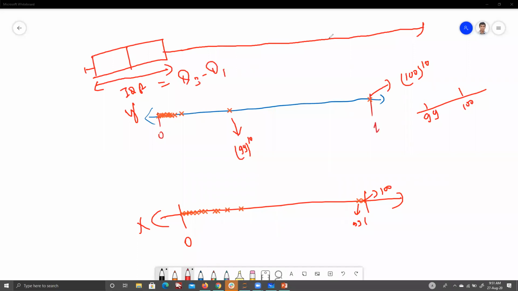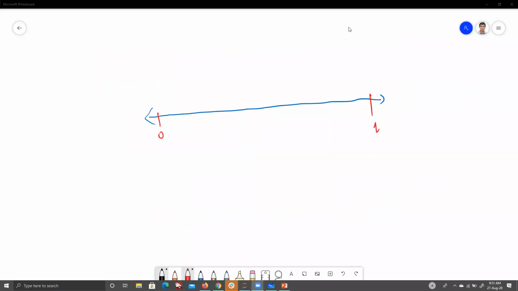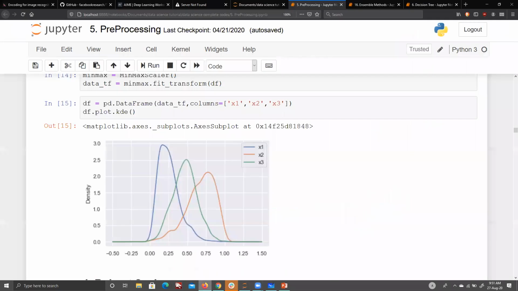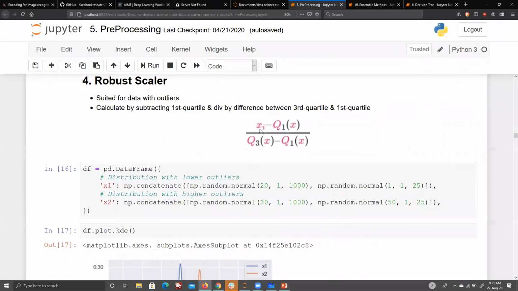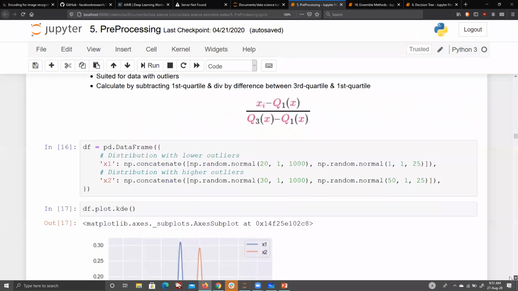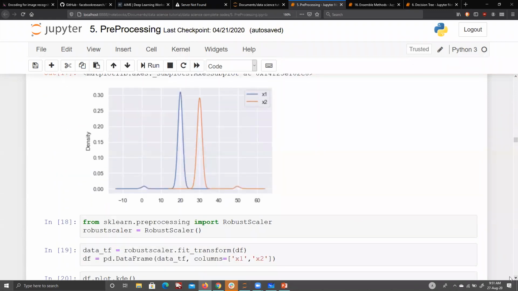So if you run into an outlier scenario, and you do not want to delete the outliers, we just want to scale them, then what we do is, let me show you. We do X minus Q1 divided by Q3 minus Q1, which is just the IQR range. You can see there are a few outliers here in both scenarios.